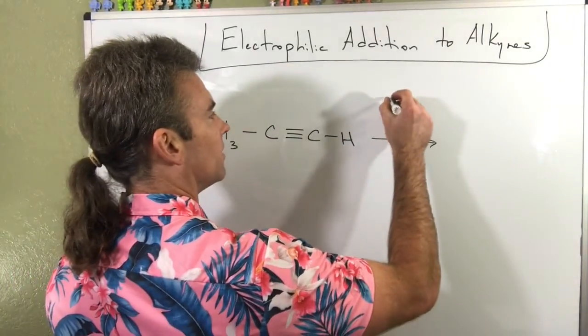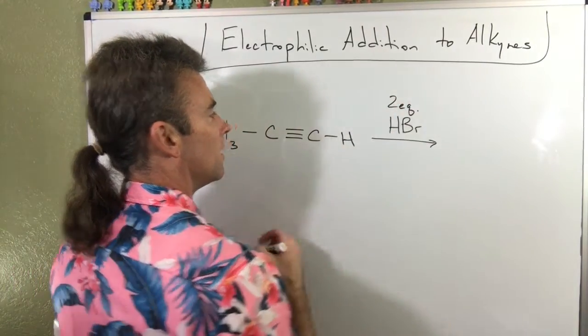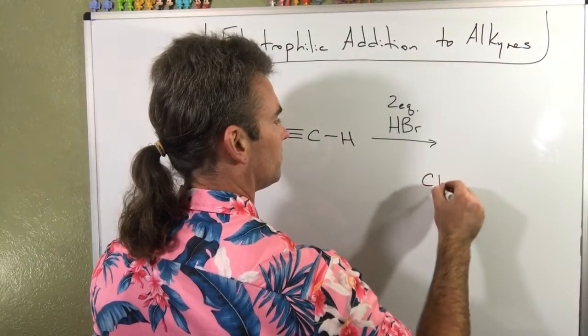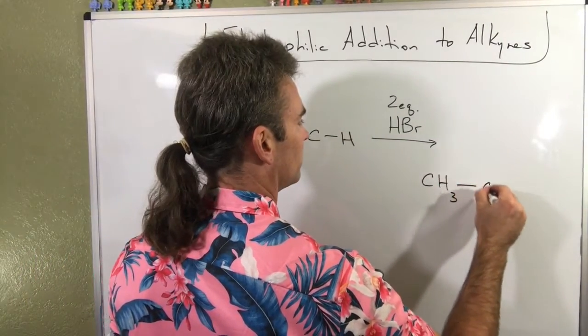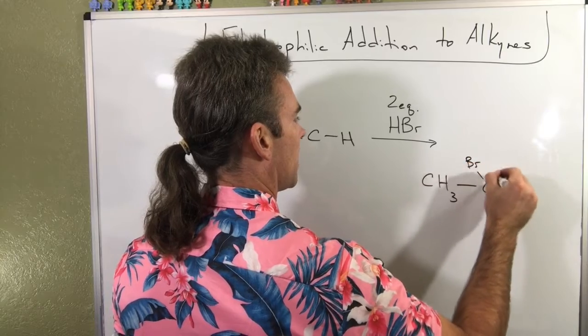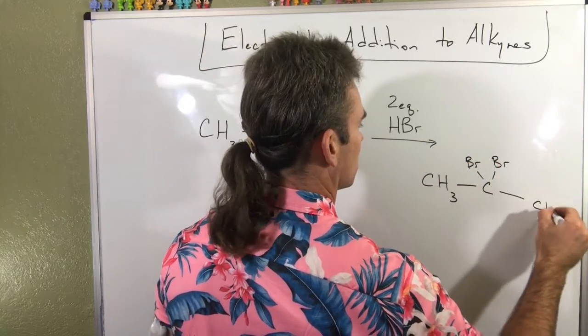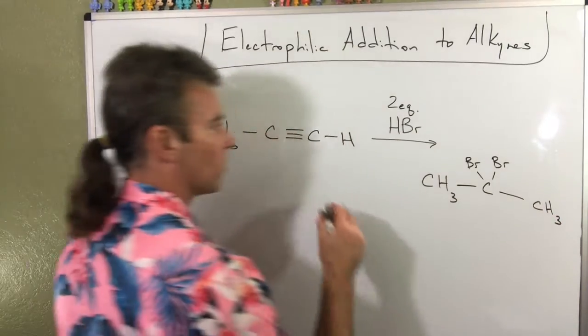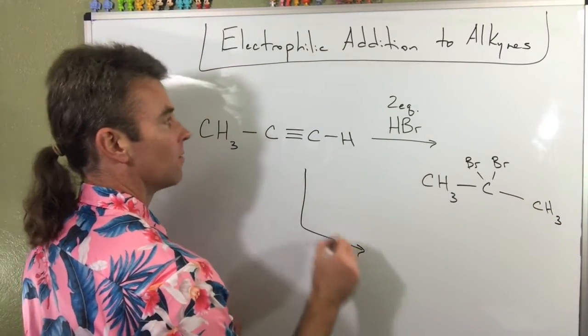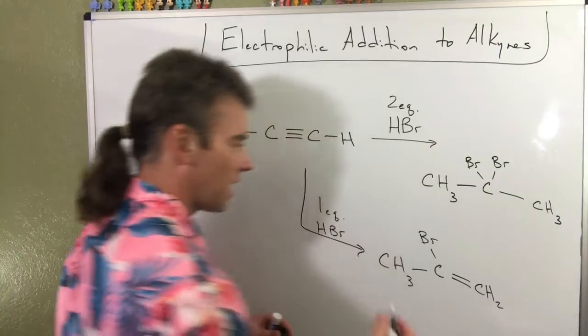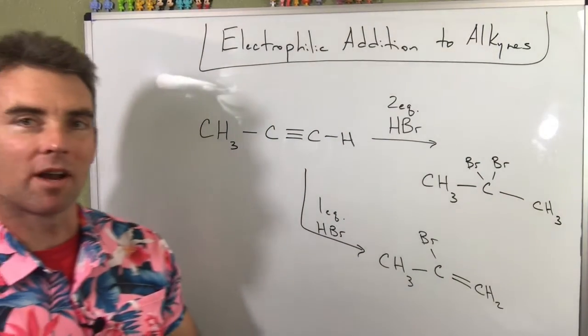So with two equivalents, you're going to take this system and add two sets of bromine, or alternatively, we can add one equivalent of bromine, and then you'll end up with your alkene product, right?